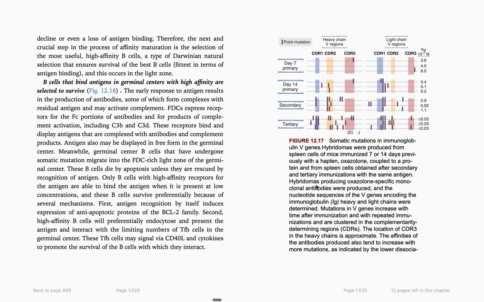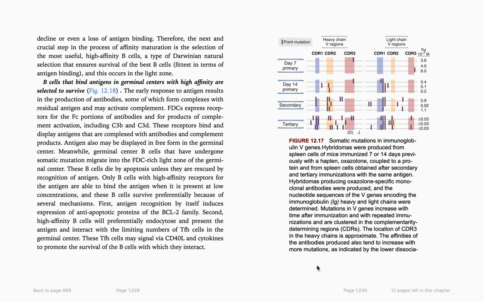Hybridomas producing oxazolone-specific monoclonal antibodies were produced, and nucleotide sequences of V genes encoding the immunoglobulin heavy and light chains were determined. Mutations in V genes increase with time after immunization and with repeated immunization, and are clustered in the complementarity determining regions. The location of CDR3 in the heavy chain is approximate.